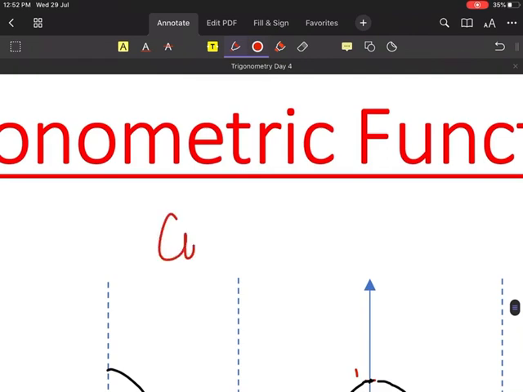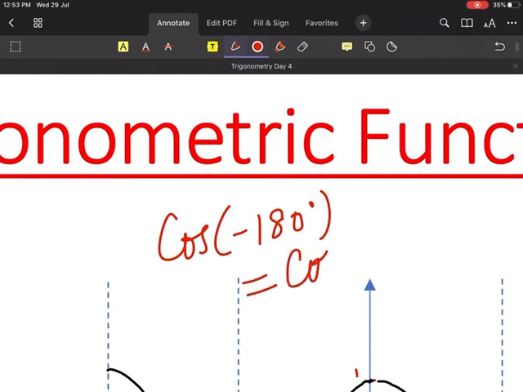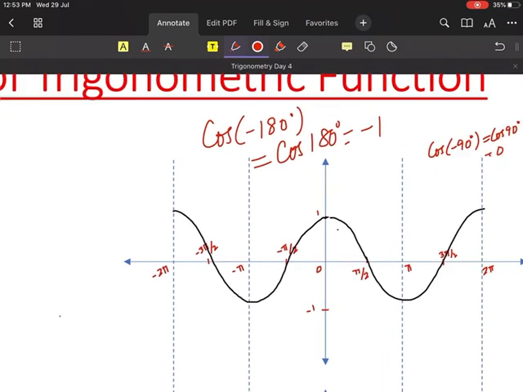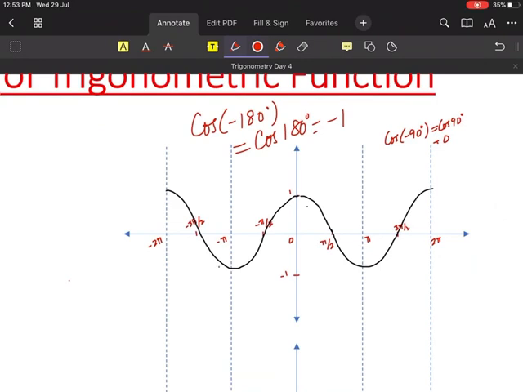Now tell me cos of minus 180. We know that cos of minus x is cos x. So cos of minus 180 will be cos of 180 degree. And cos of 180 degree is how much? Minus 1. And you see cos of minus 180 is minus 1. Everyone clear? Yes, sir.